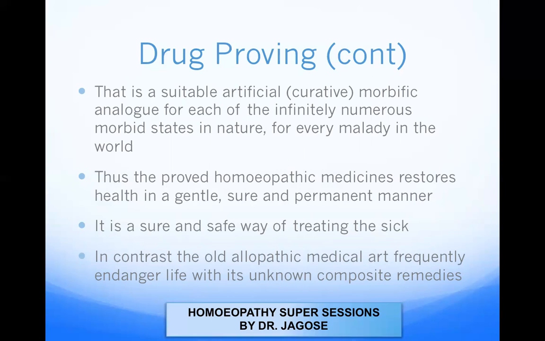So whatever morbid states are there in the world, we can definitely have a medicine which will combat it. Thus, the proved homeopathic medicine restores health in a gentle, sure, and permanent manner. So whatever medicines we have proved, they are genuine, trustworthy, and pure, as a result of which it will restore the health in the most gentle, sure, and permanent manner.